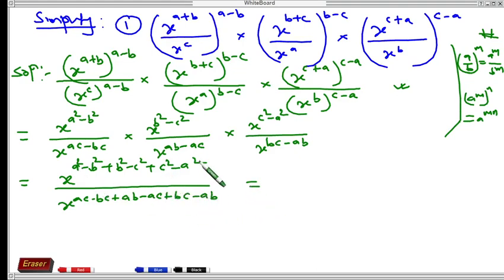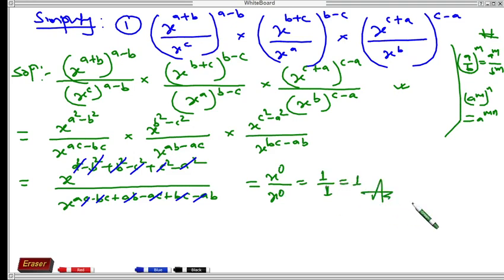I believe a square cancels with minus a square, b square cancels, and also ac and ac, bc and bc, all cancel. So here also x to the power naught, that is 1 over 1 equals 1, the answer.